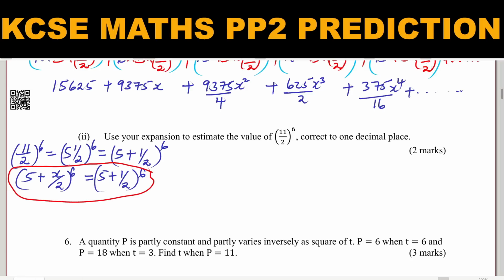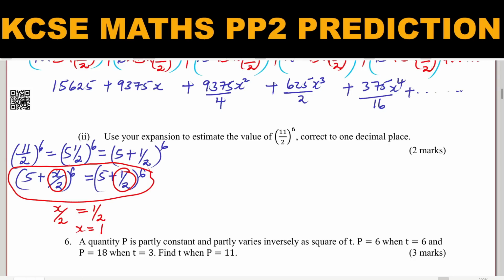Just look at what you have there. Everything is similar apart from x over 2, so you take this equals to this. So x over 2 is equal to 1 over 2. All the other terms are uniform, 5, 5, power 6, power 6. And this will give 2x is equal to 2. This will give x is equal to 1.